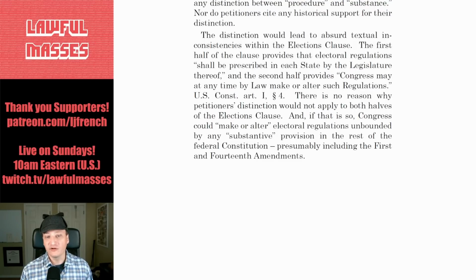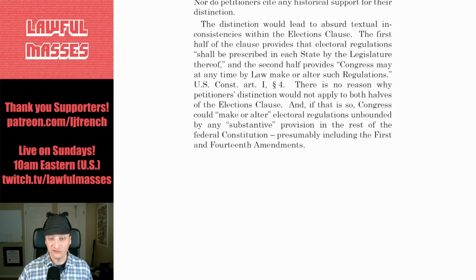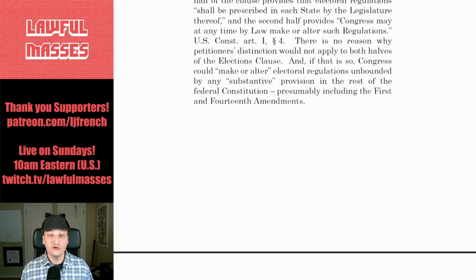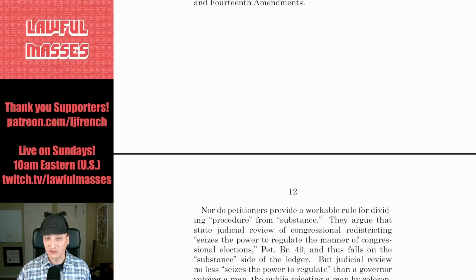The first half of the clause provides that electoral regulations shall be prescribed in each state by the legislature thereof, and the second half provides Congress may at any time, by law, make or alter such regulations. There is no reason why petitioners' distinction would not apply to both halves of the Elections Clause, and if so, Congress could make or alter election regulations unbounded by any substantive provision in the rest of the federal Constitution, presumably including the First and 14th Amendments.